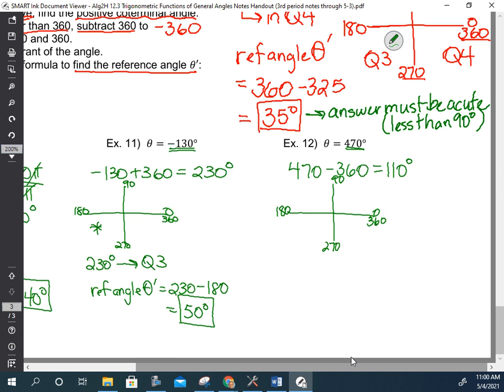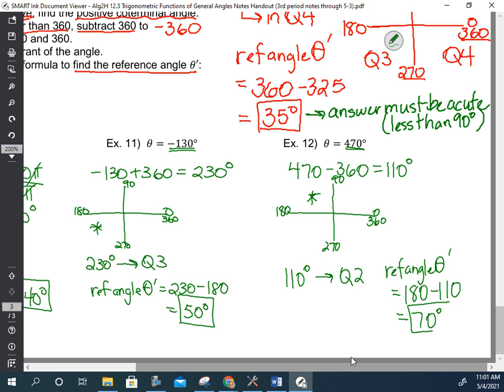Don't draw this unless you absolutely need to. 110 degrees falls in quadrant number 2. So the reference angle for quadrant 2 is equal to 180 minus 110, 70 degrees. One answer is 50, the other answer is 70. Any questions, 11 or 12?